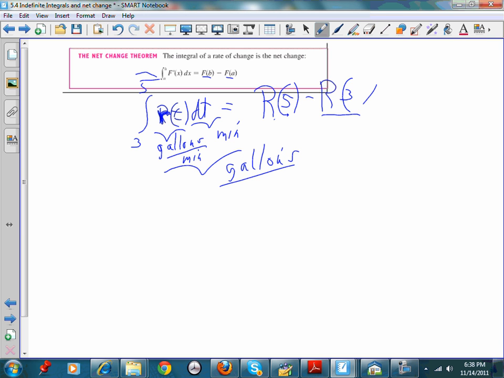So this would be the net change, the change in volume from t equal to 3 until time equal to 5 minutes.